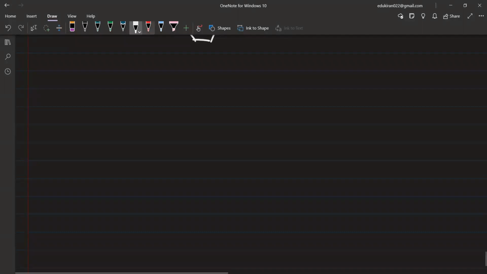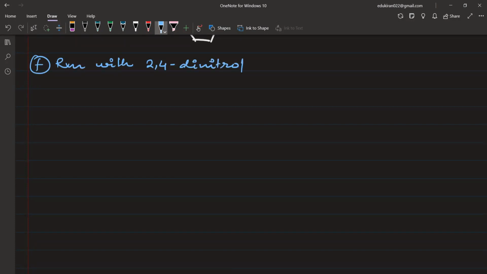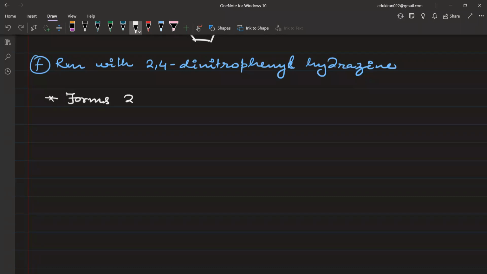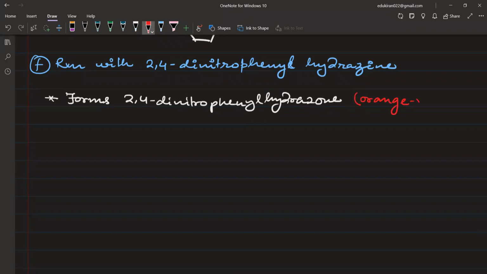Reaction with 2,4-dinitrophenylhydrazine. F. Reaction with 2,4-dinitrophenylhydrazine forms 2,4-dinitrophenylhydrazone. This 2,4-dinitrophenylhydrazone is an orange red PPT.